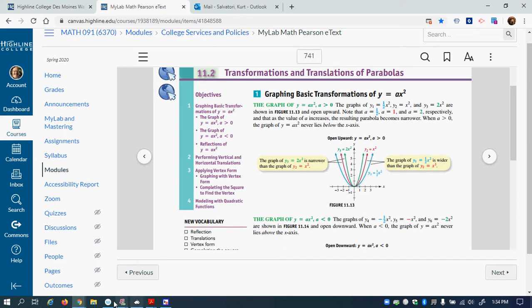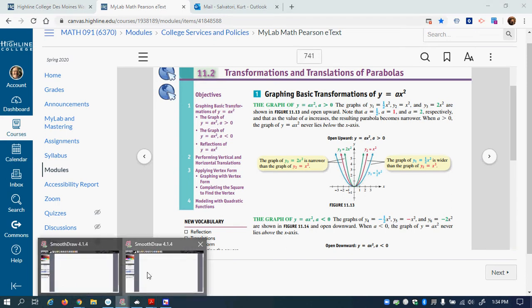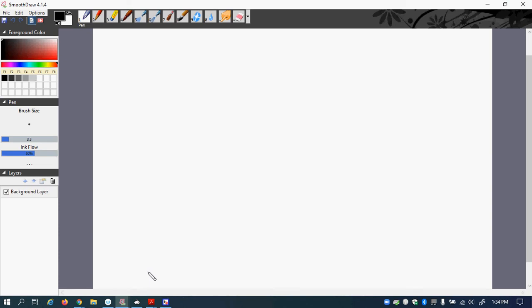So if we go to our tablet and write it down, this is transformations, or what we call translations. We have the basic quadratic equation.